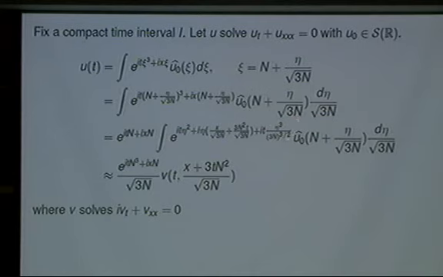So approximately, for a given linear solution of the Schrödinger equation, we can find an approximate solution at very large frequency N. Which means at very high frequency, the linear waves for the Schrödinger equation and the KdV equation look similar.